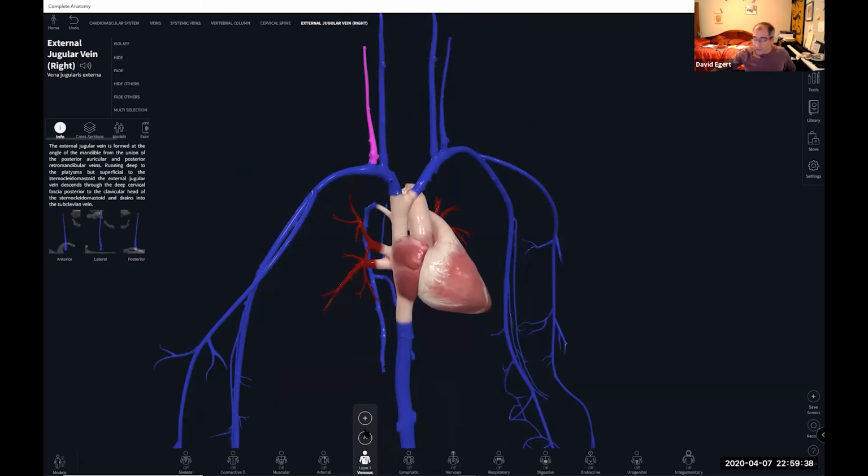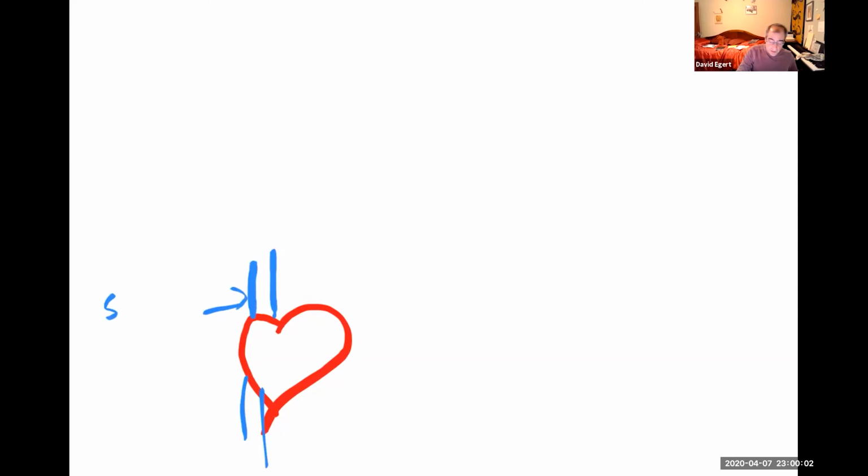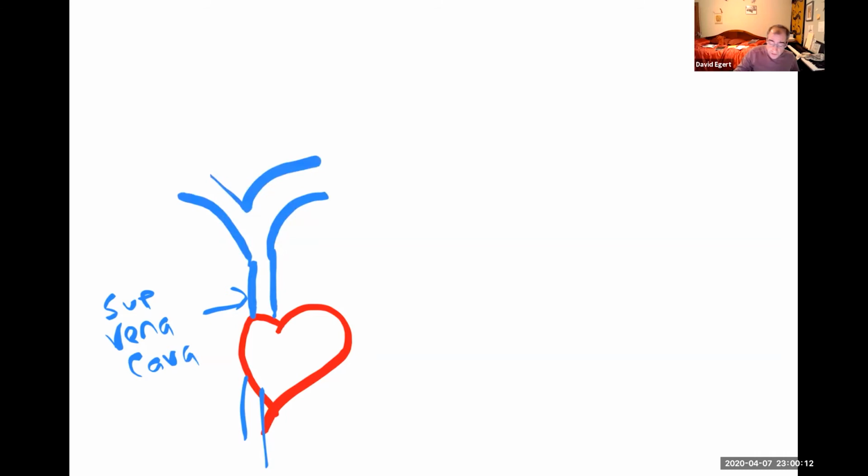So I'm going to go back to my drawing. Again, we have the heart. Then we have our superior vena cava, and again, that's going to branch into the right and left brachiocephalic veins.